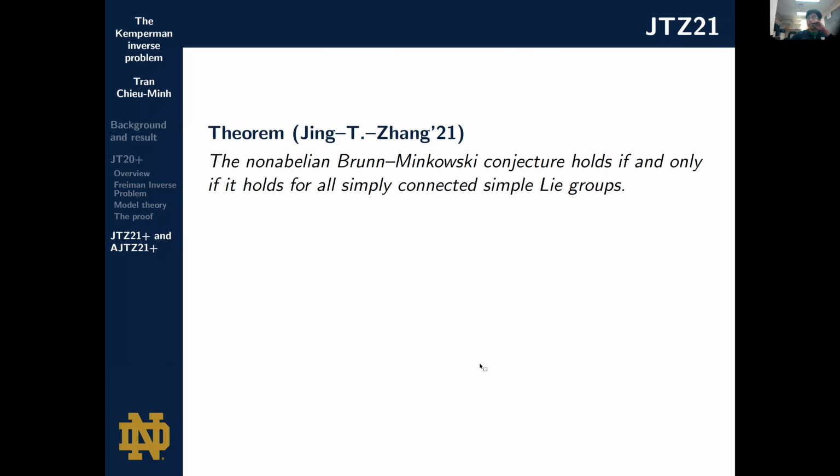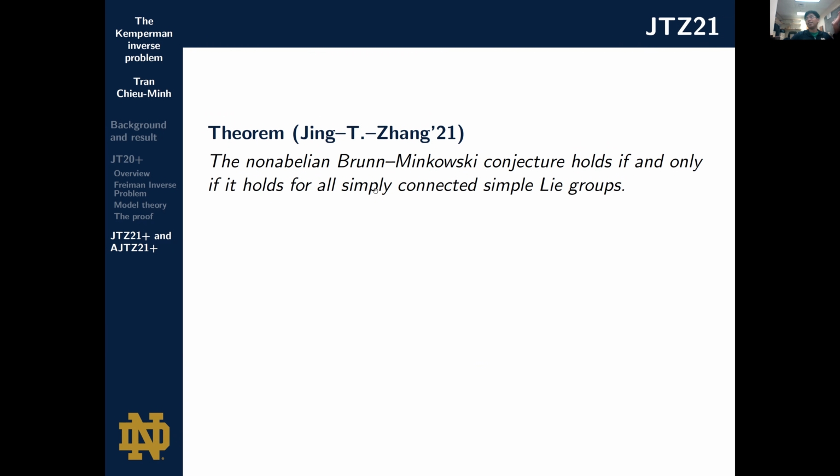We couldn't fully show this conjecture, but we can reduce it to the case of simply connected solvable groups, which is the first result. The second result is that we can show this conjecture with a certain defect. The defect is on this Hilbert dimension, which I'm not getting into, but in many cases this defect is equal to 0.